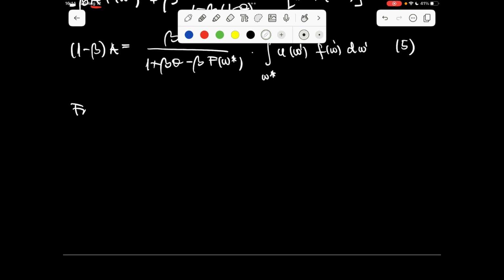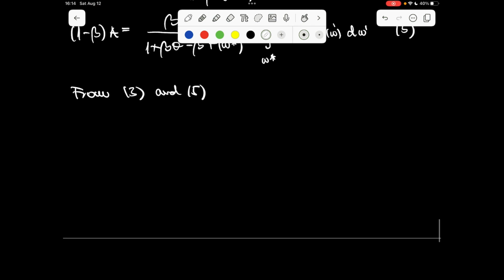By connecting 3 and 5, we get the following equation.